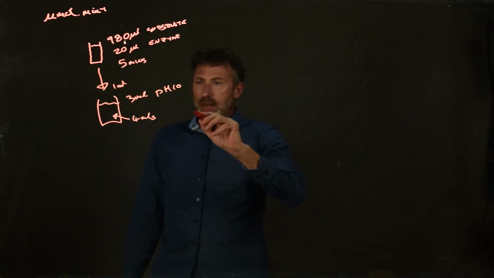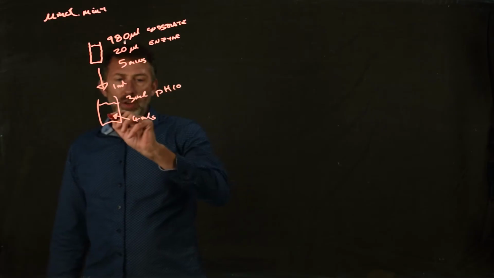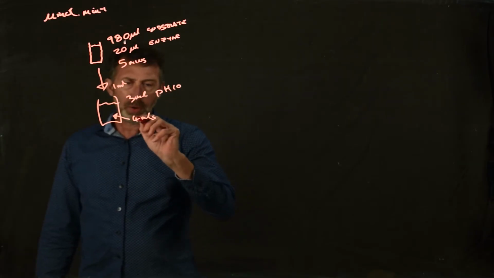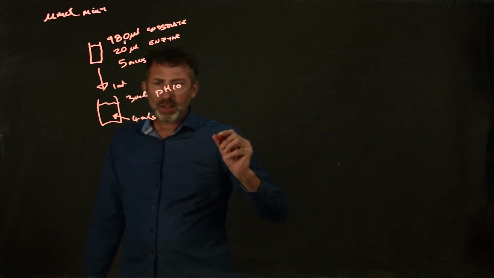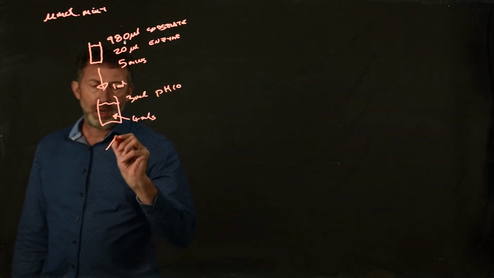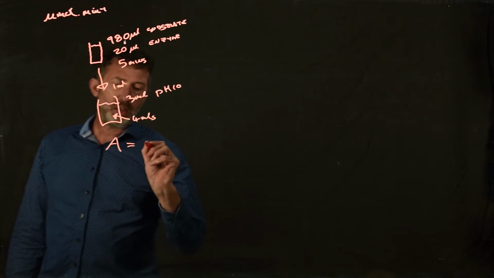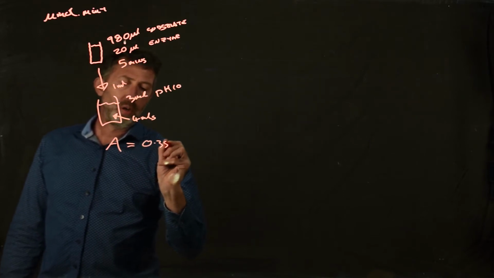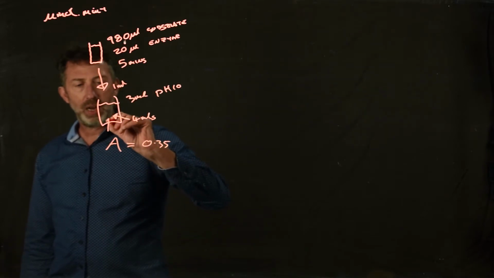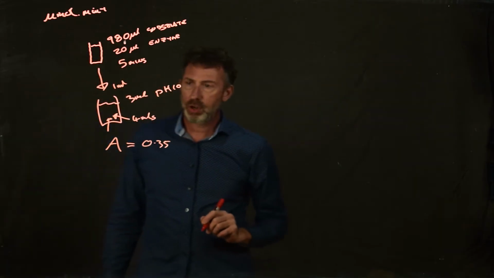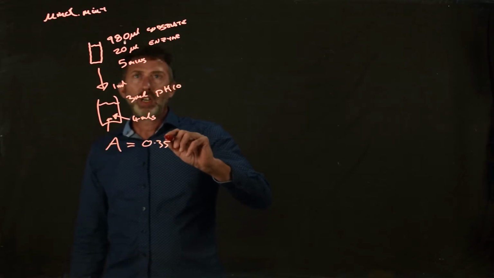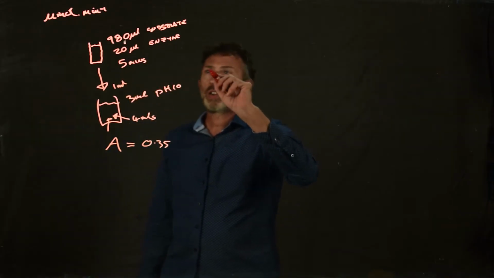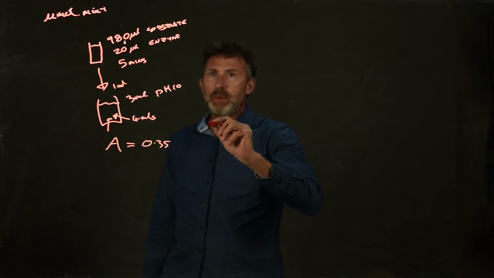So let's imagine that we take that 4 mils and we measure the absorbance of it in a spectrophotometer, and let's say that the absorbance there, A, is equal to 0.35. Now, that absorbance change has been caused by the enzyme converting substrate into product in 5 minutes.